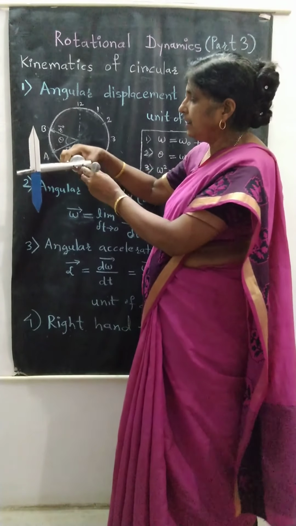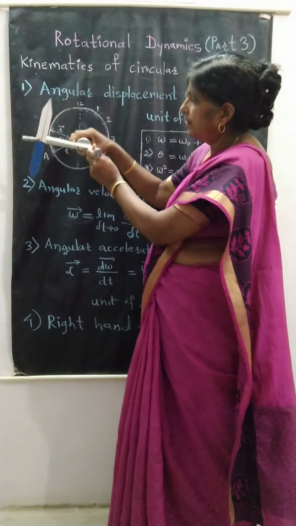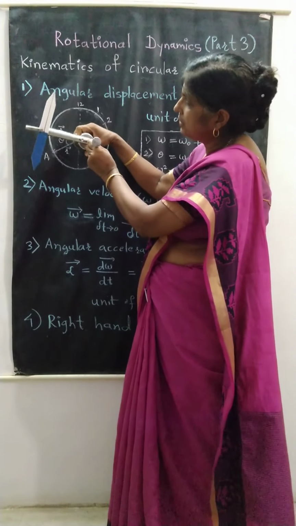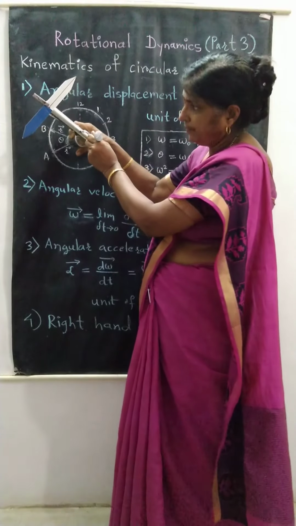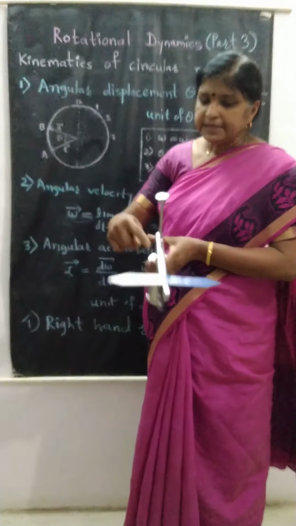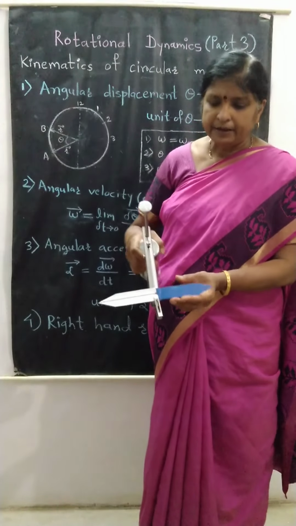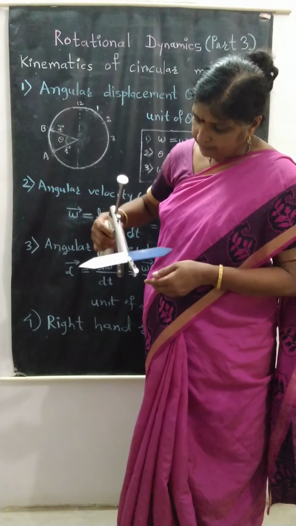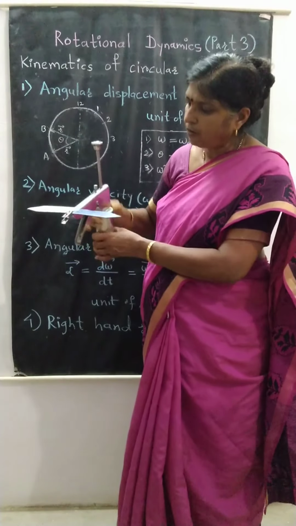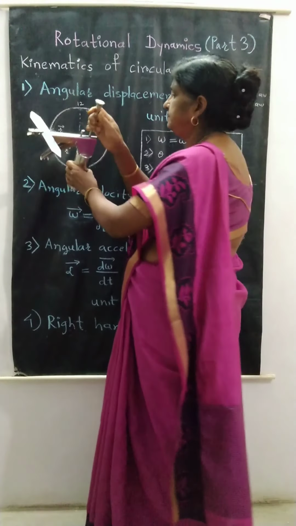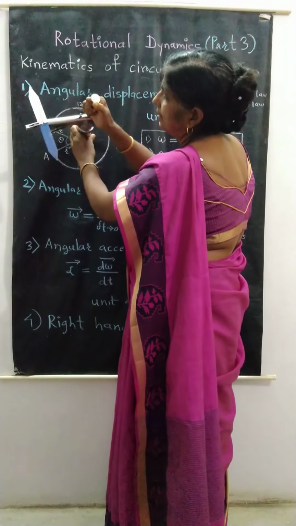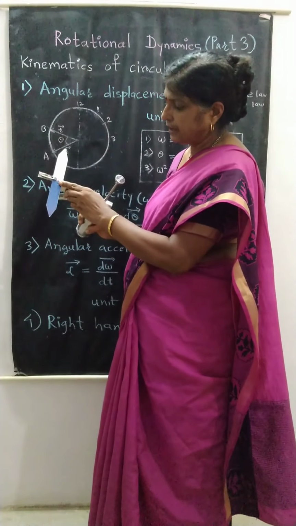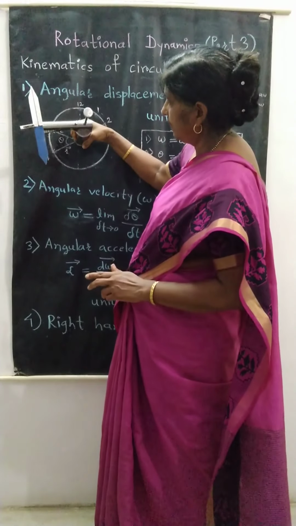As the particle rotates, this radius vector moves through some angle. This arrow is perpendicular to this radius vector. So when the body or the object rotates like this, then this vector will be tangential to the circle at that point.